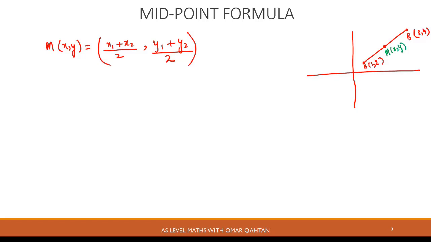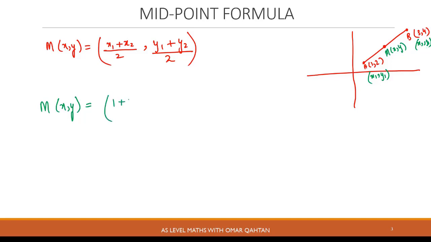So for finding this point, I would just substitute all the values that I've got there in this formula. So this will become M(x, y) equals, we know that this is our x1 and y1, and this is x2, y2. So just substitute the values.